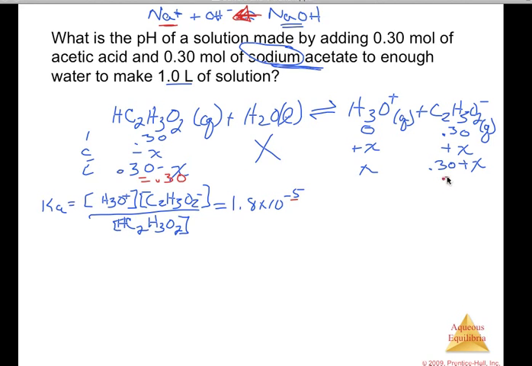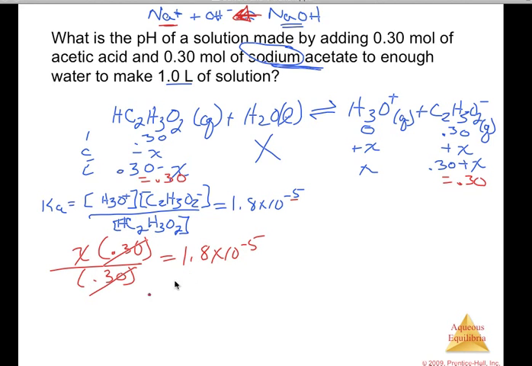We can assume that this 0.3 plus X goes to 0.30. Plugging in the values, I get X times 0.30 over 0.30 is equal to the 1.8 times 10 to the negative fifth. Those cancel. X is 1.8 times 10 to the negative fifth, which is equal to the concentration of the hydronium ion.